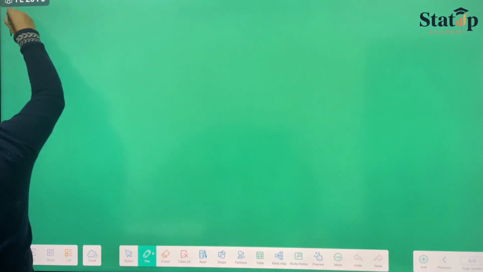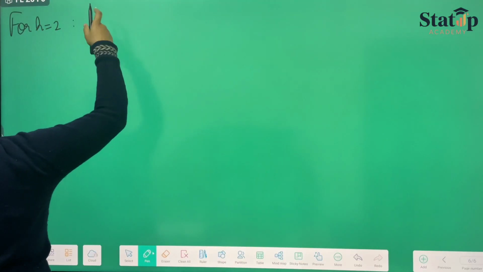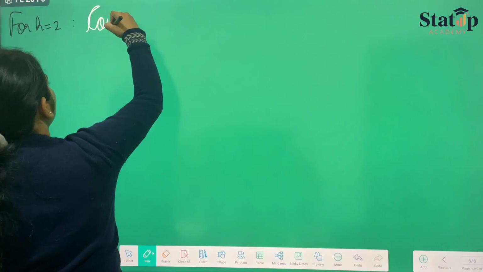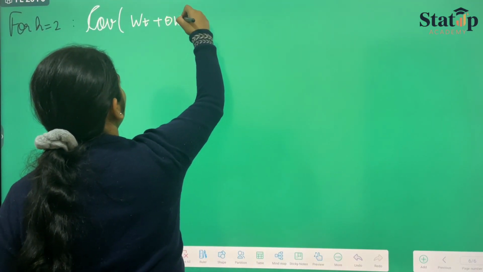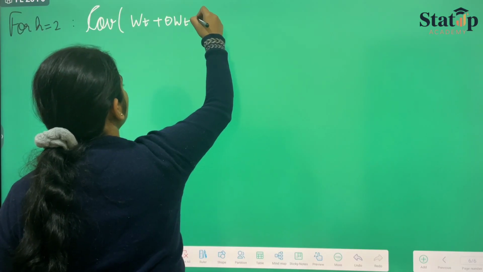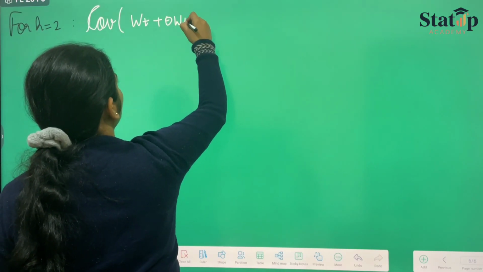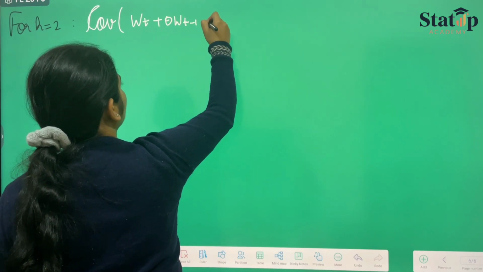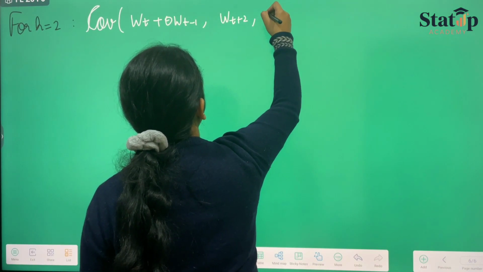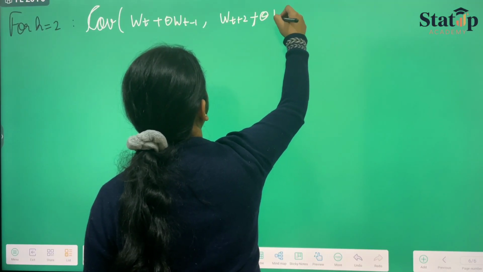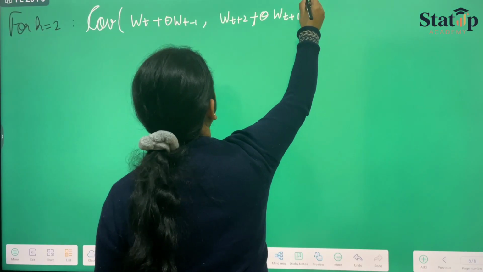For h equals to 2, the covariance becomes covariance between wt plus theta wt minus 1 and wt plus 2 plus theta wt plus 1.